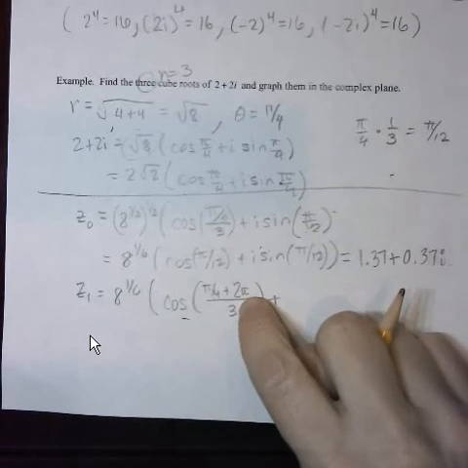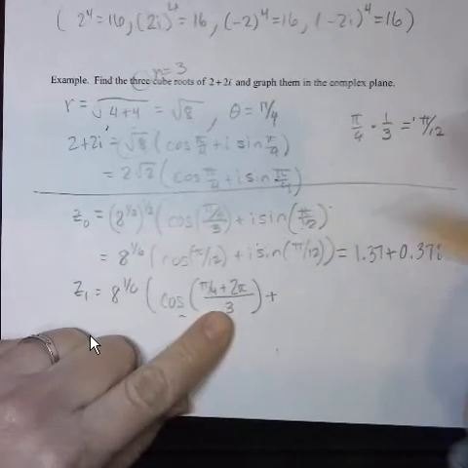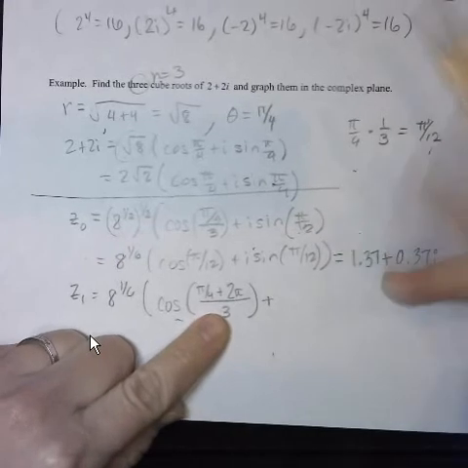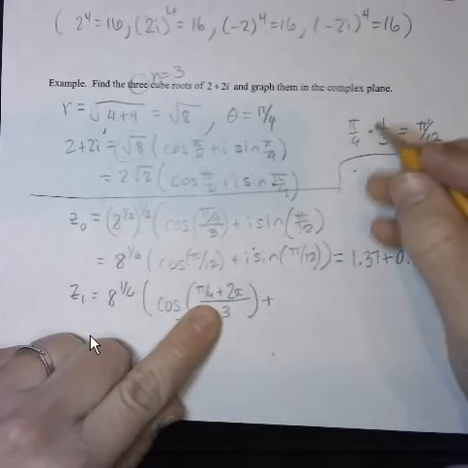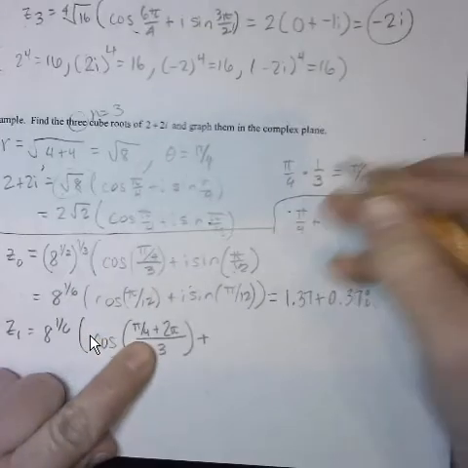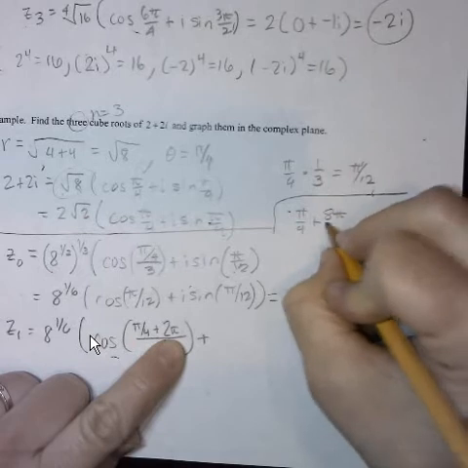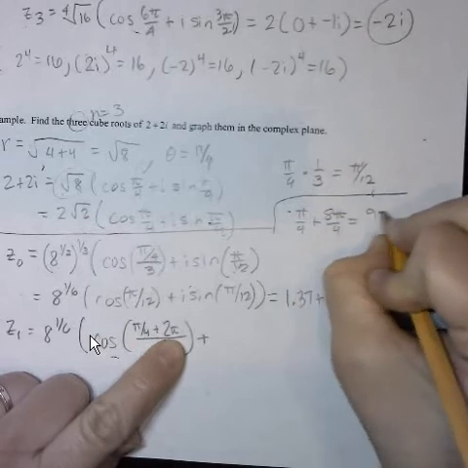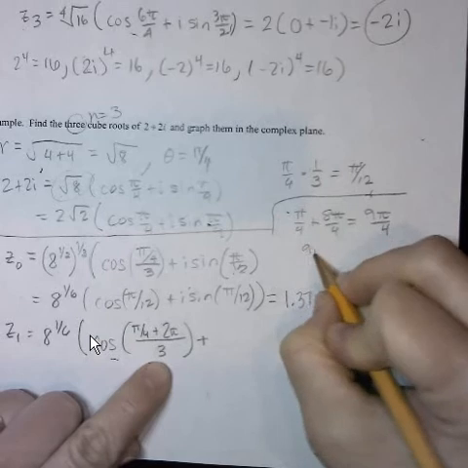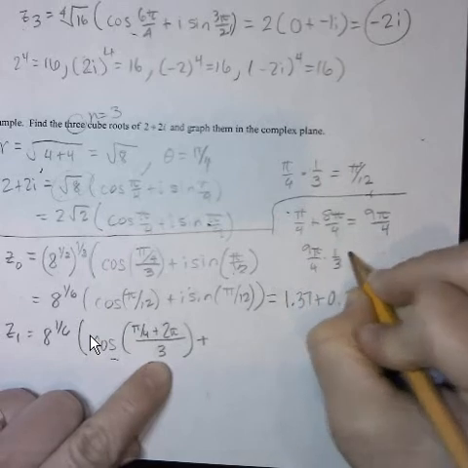So you end up with pi over 4 plus 8 pi over 4 is 9 pi over 4. But then when you divide by 3, you multiply by a third and you get 9 pi over 12.